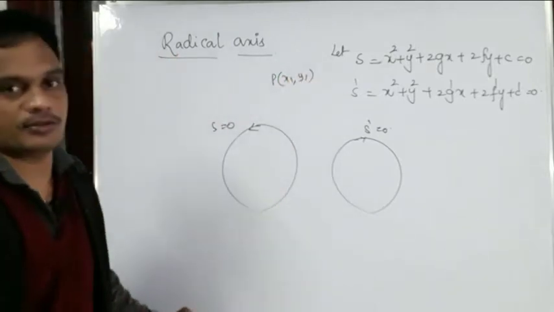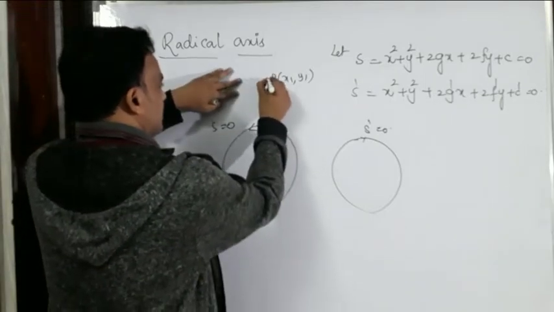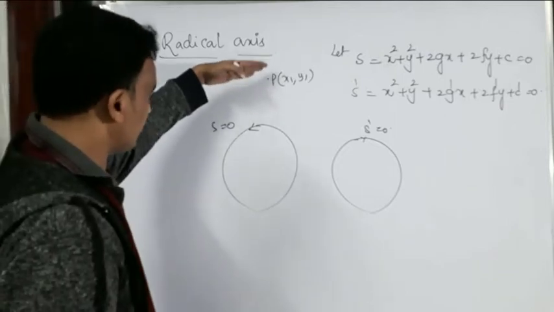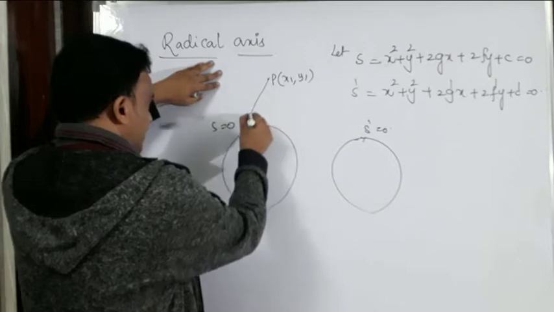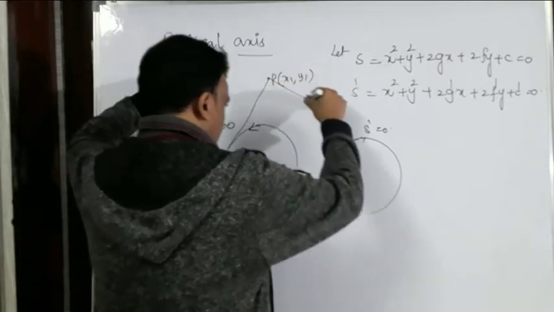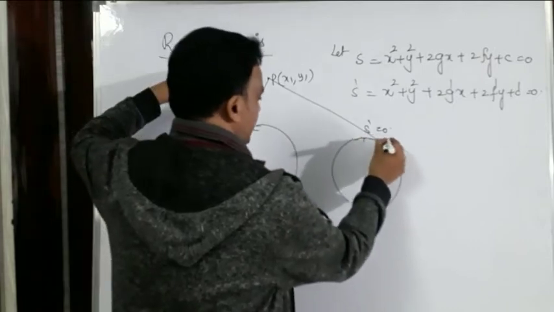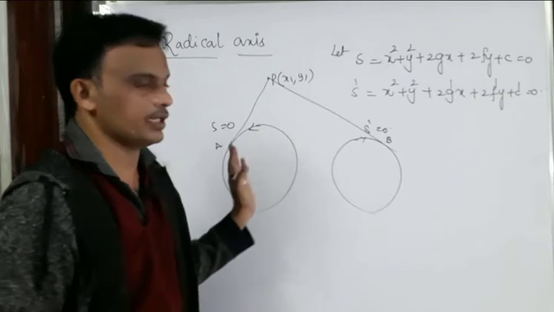The definition of the radical axis is the locus of P whose lengths of tangents to the two circles are equal. Here it is a tangent, and here it is a tangent. So PA and PB are the tangents drawn from the point P(x1, y1) to the two circles.